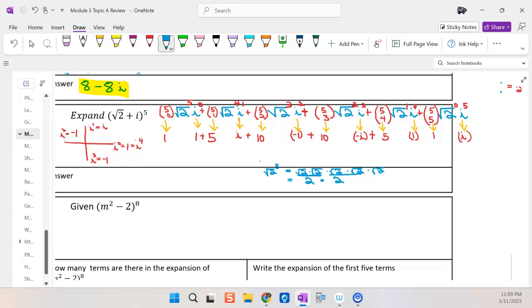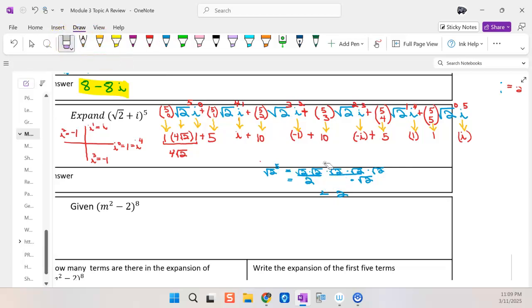This turns into 2, and then I'm left with 1 √2. So I have 2 times 2, 4 √2. So this guy right here, it's going to turn into 4 √2. Now I multiply those 3 out, and I get just 4 √2.